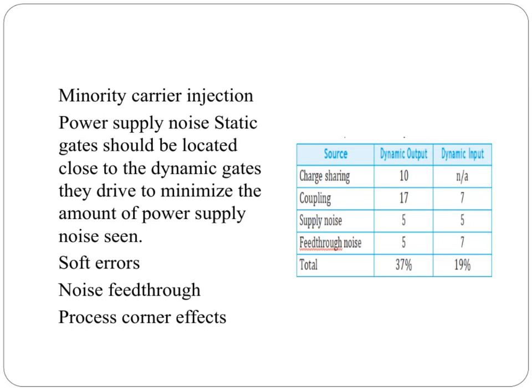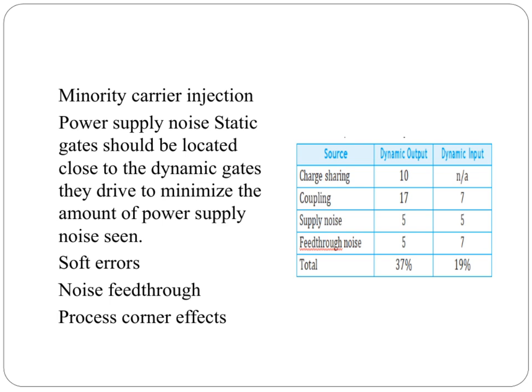Here, we're focusing on several important factors that can impact the performance and reliability of circuits involving minority carrier injection. First, power supply noise is a significant concern. To reduce this noise, it's crucial to place static gates close to the dynamic gates they control. This proximity helps minimize the interference caused by fluctuations in the power supply.